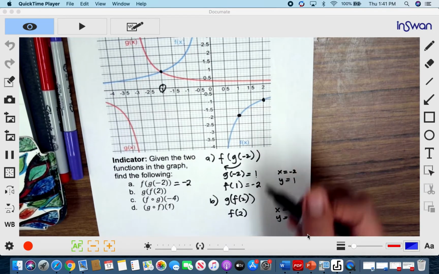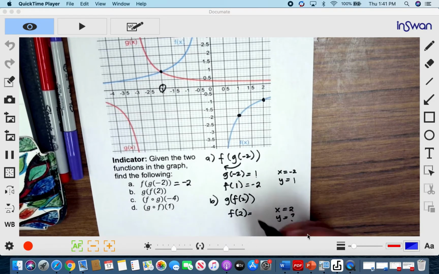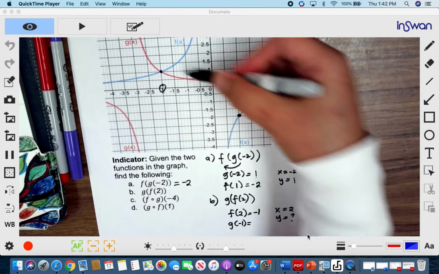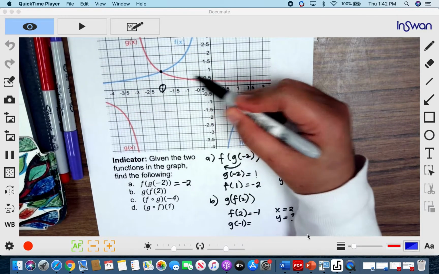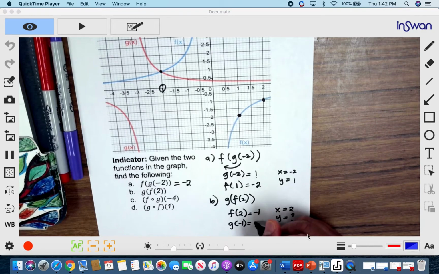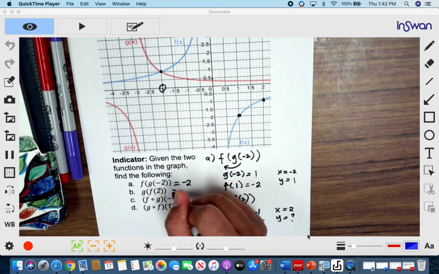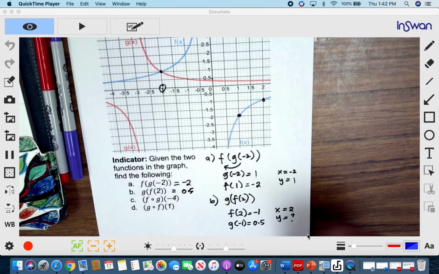This now becomes your x at g. So g of -1. Focus your attention on the red graph: when x is -1, y is 0.5. So this will be equivalent to 0.5.